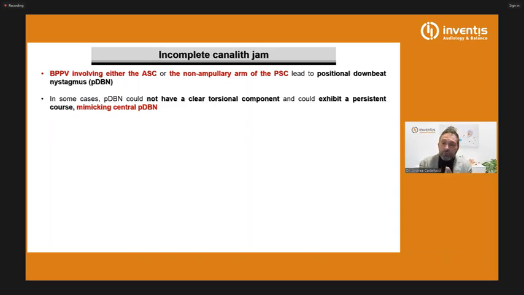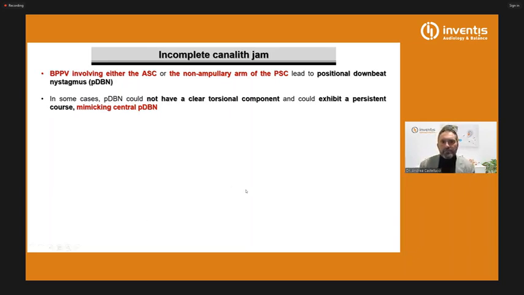The most common forms are actually the incomplete canal gem that we already said, the gem that we obtain when we bring the patient in particular positions, just like in the recumbent position. And these incomplete canal gem are responsible for the positional downbeat nystagmus.